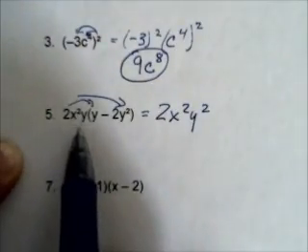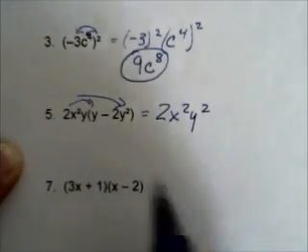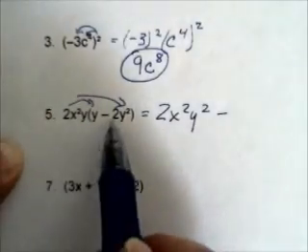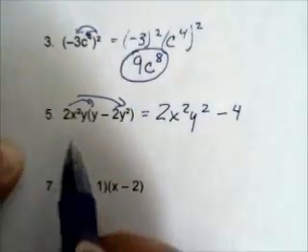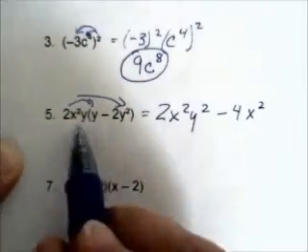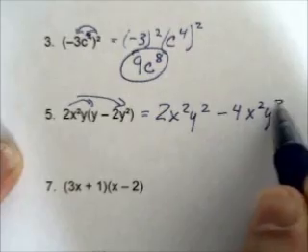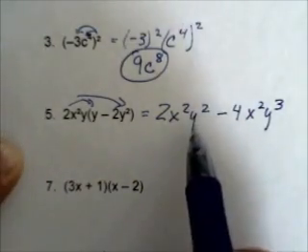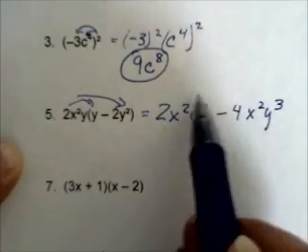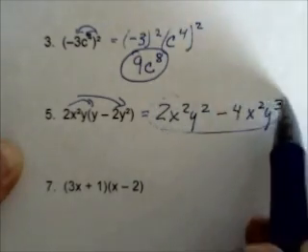And 2x squared y times negative 2y squared: 2 times negative 2 is negative 4, x squared, and y times y squared is y to the third. These are not like terms, they don't combine. This is our answer.